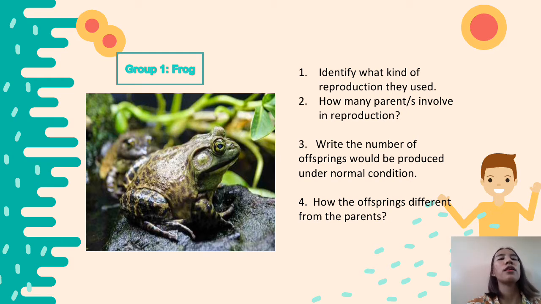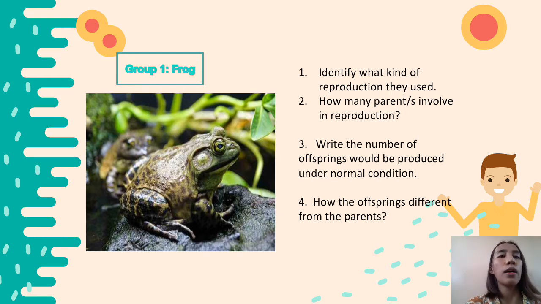Very good. So the animal assigned to group 1 is the frog. Frogs require two parents to reproduce, the female and male frog. So how do they reproduce?